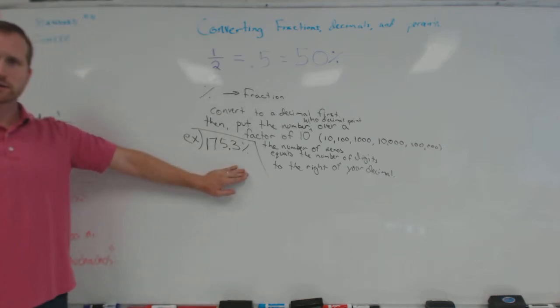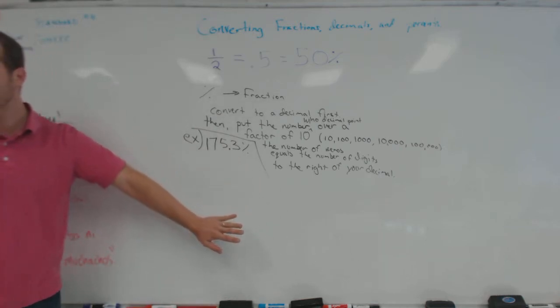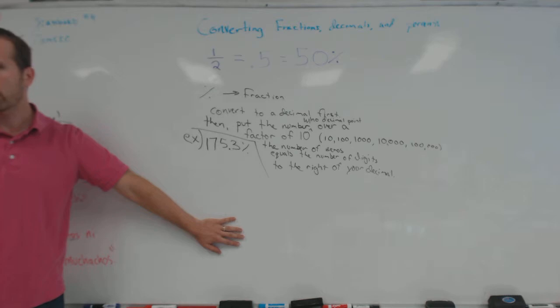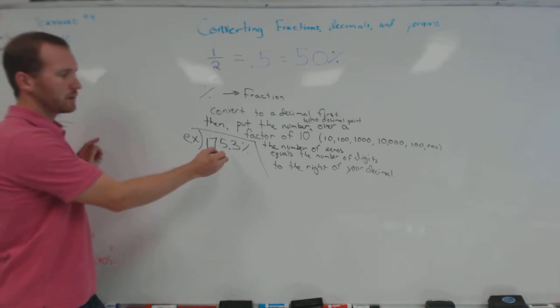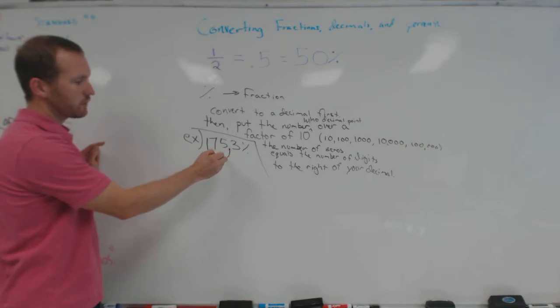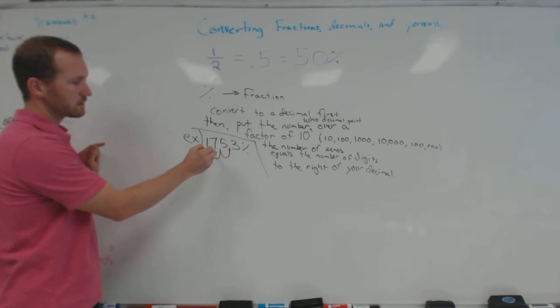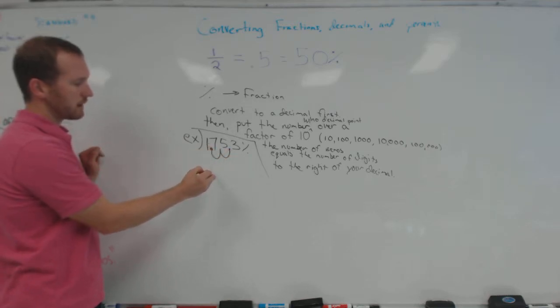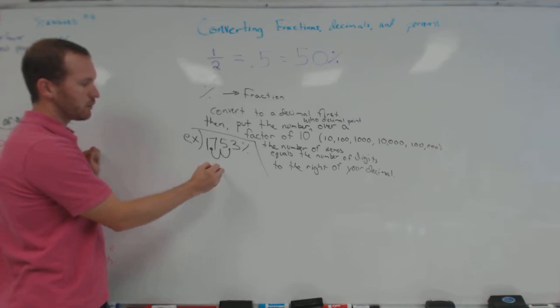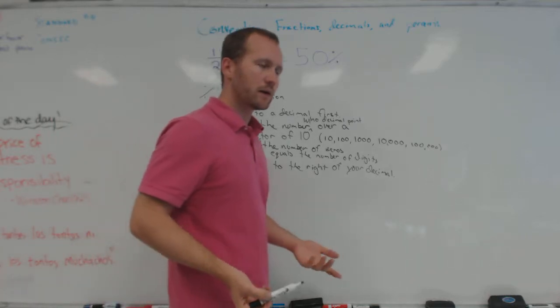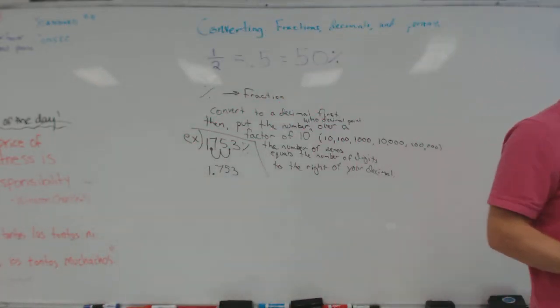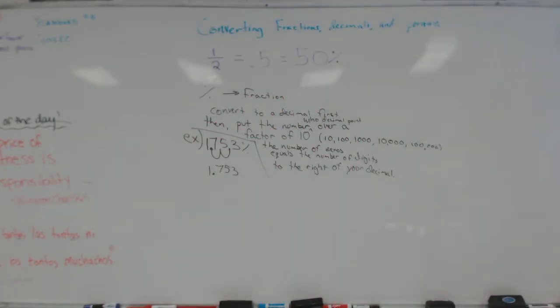So percent all the way to a fraction. First, we're going to convert this to a decimal. To convert it to a decimal, I move the decimal place 2 spots to the left. So my number is now 1.753. 175.3% is 1.753.